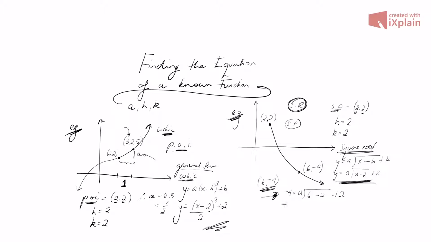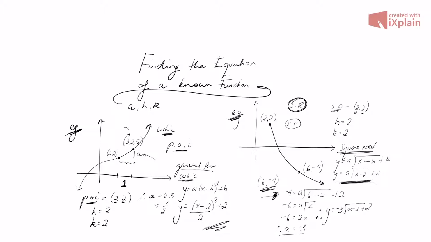So I get negative 6 equals a square root of 4. The square root of 4 is 2, so negative 6 equals 2a. Therefore a equals negative 3. So finally, my function is y equals negative 3 times the square root of (x minus 2) plus 2.